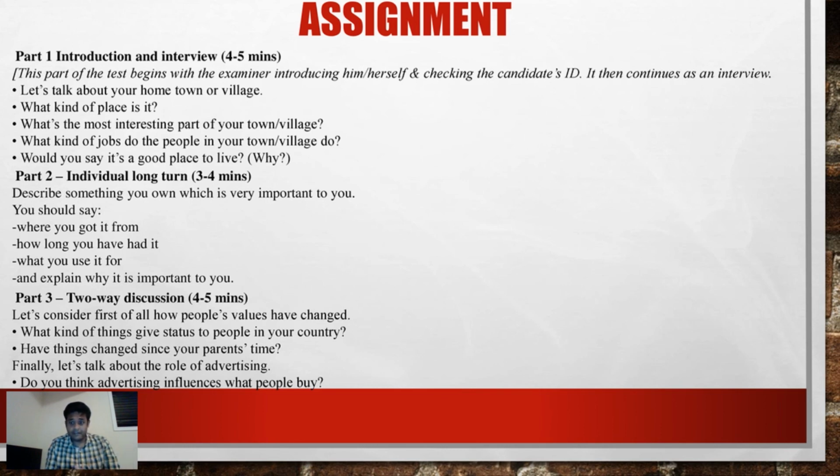You should know where you got it from, how long you have had it, what you use it for, and explain why it is important to you. Generic, okay? Again, making notes about this will get you to go about this part two in a much more effective way.